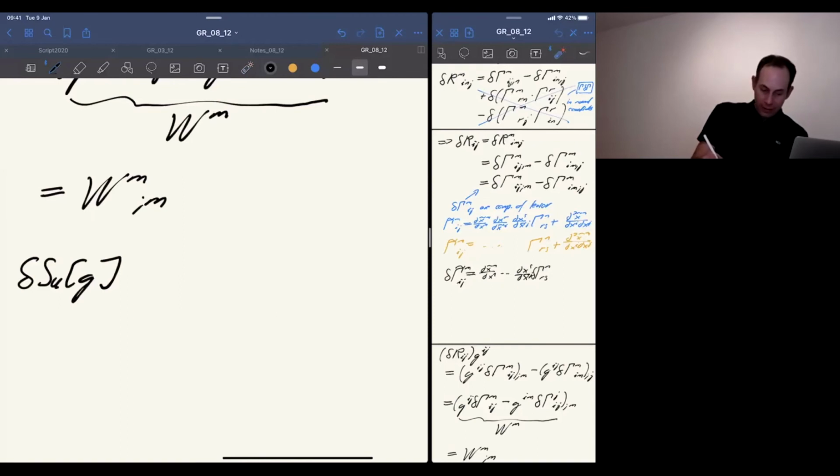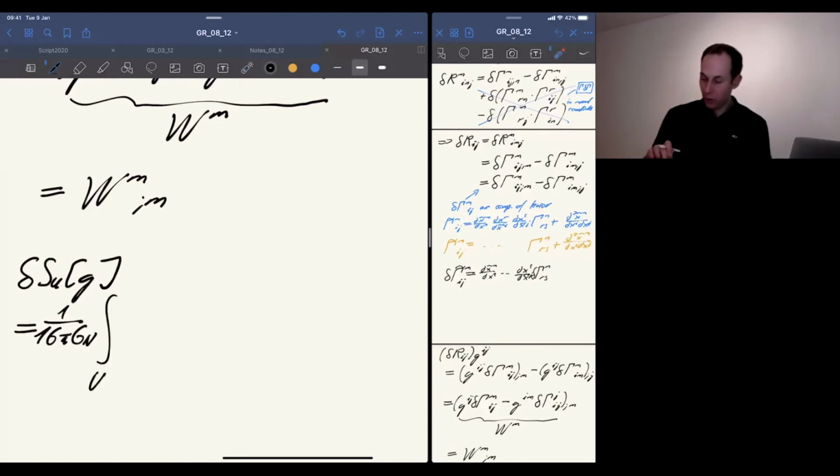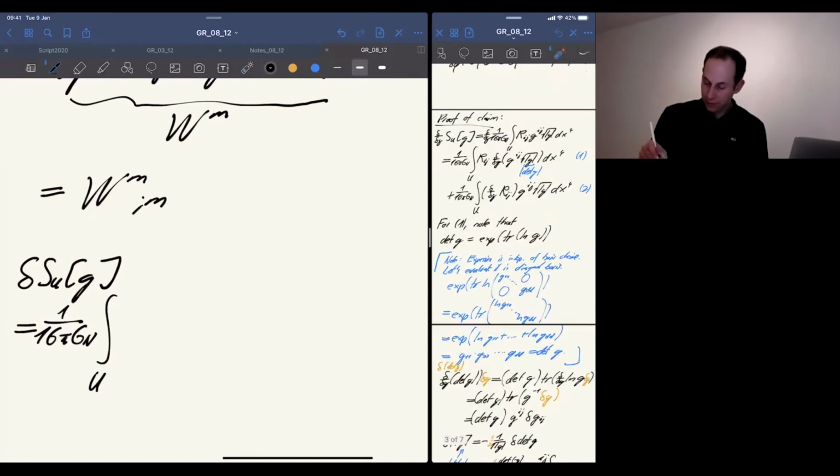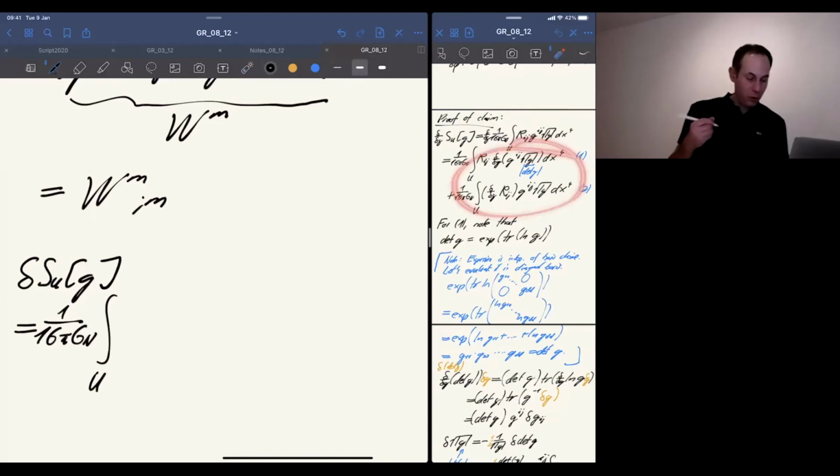Now, this variation can be written as follows. So I still have the prefactor and I have the integral. I need to go up a bit here on the right-hand side. So you see, hopefully, this expression here that we decomposed into 1 and 2. And I'm now putting everything together.